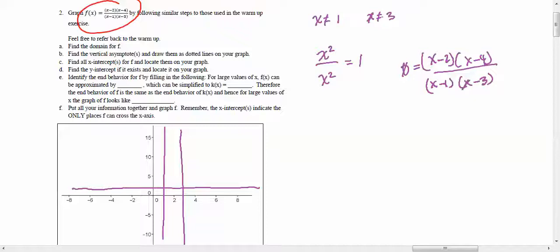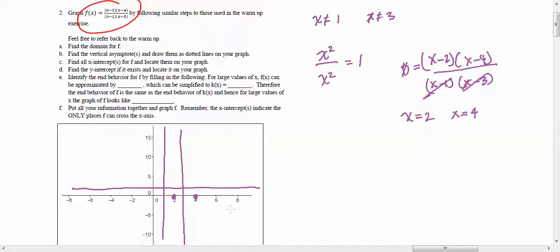Now I can multiply this denominator up, and I have 0 times all that junk, which is still 0, and then I have all that junk times all the junk on the bottom, and that cancels itself out. So really I have 0 equals x minus 2 and x minus 4. Well, that occurs when x is equal to 2 or x is equal to 4. So my x-intercepts are at 2 and 4.